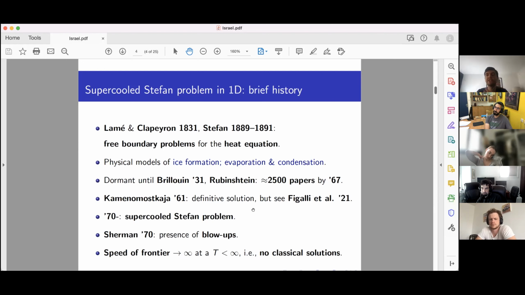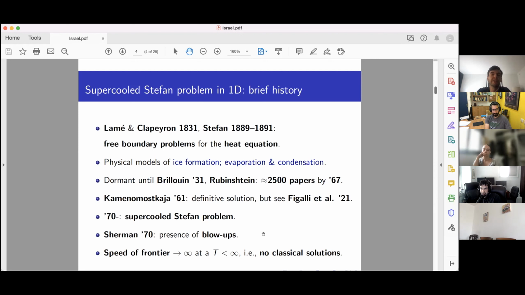So in some sense, it completely resolves the problem. Even so, in terms of the fine structure of solutions, even in the regular Stefan problem, there are still new papers and new results coming out. For example, there is a paper by Figalli and Ros-Oton as recently as last year. So there is still something interesting to do even in that problem.